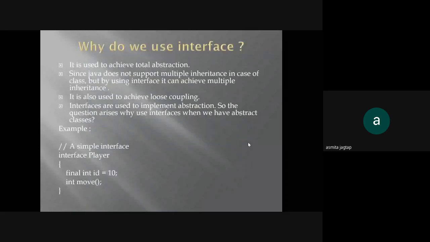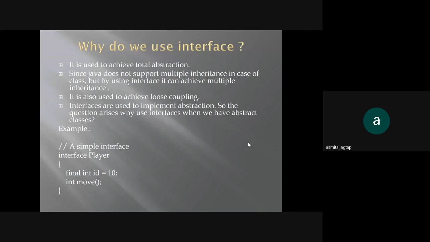Then there is loose coupling. It means any method added to the interface is not compulsory for you to implement in the class. So any change in the subclass does not have any effect on the interface, and any change in the interface does not have any effect on your class. But in the case of inheritance, they are tightly coupled.